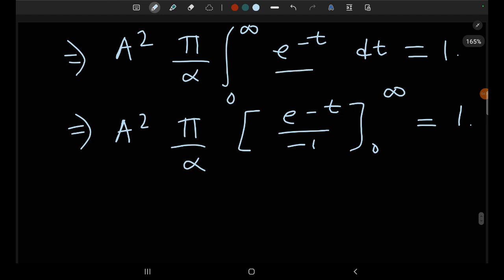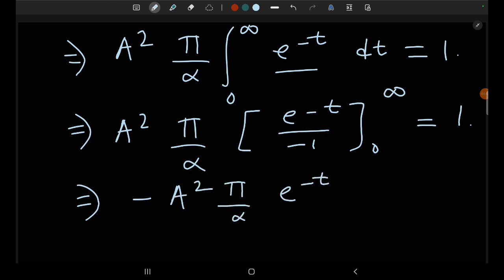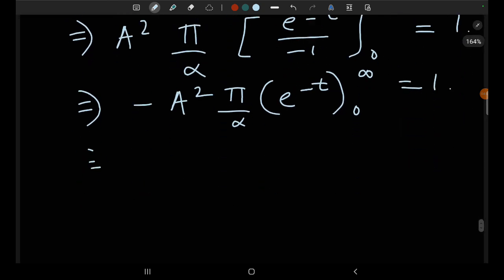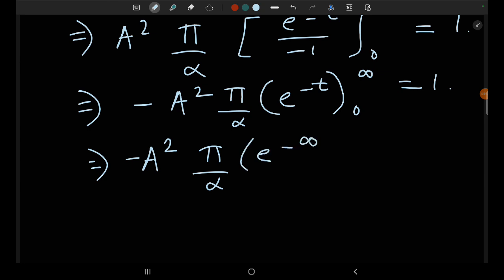We take the minus as common, so we have minus a squared pi upon alpha, e to the power minus infinity minus e to the power 0, equal to 1.